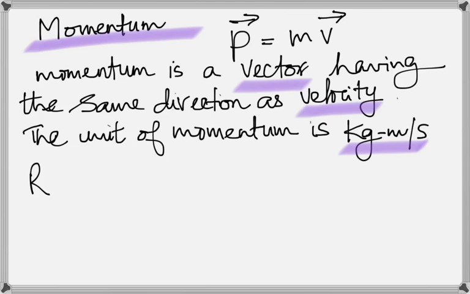Put them together. So you see that it's not kilogram divided by meter per second, it's kilogram times meter per second. Right? Okay.